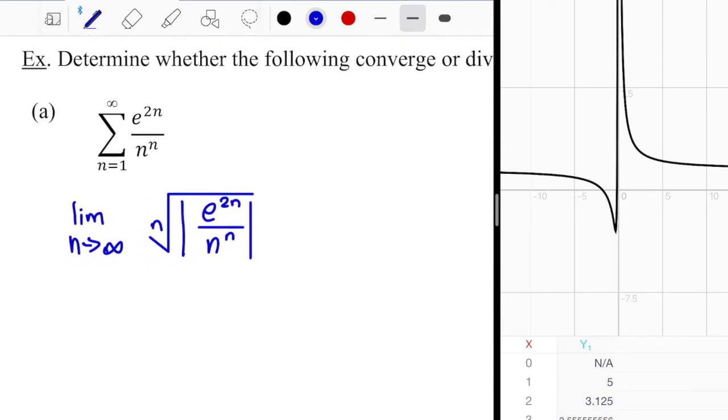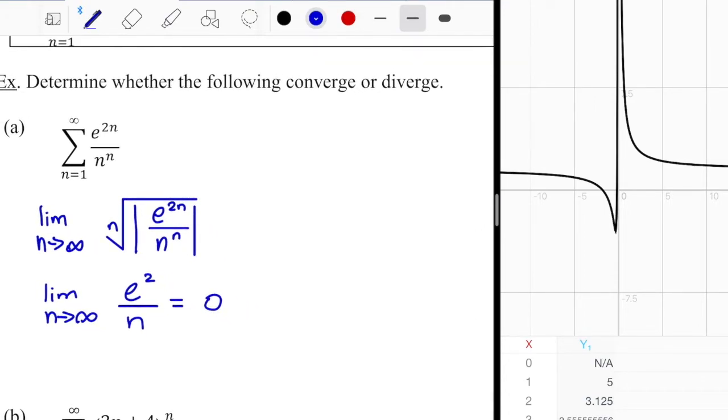So we're looking at the limit as n approaches infinity of e, really just dividing each exponent by n. So e to the 2 over n. This is a constant over infinity, so this is going to 0.